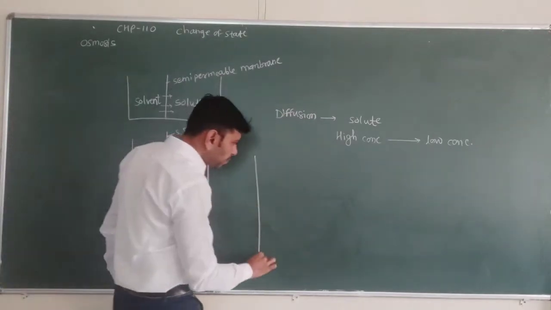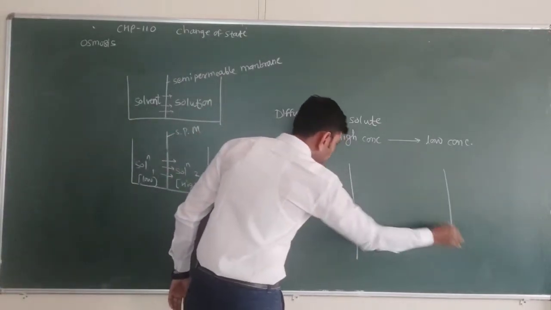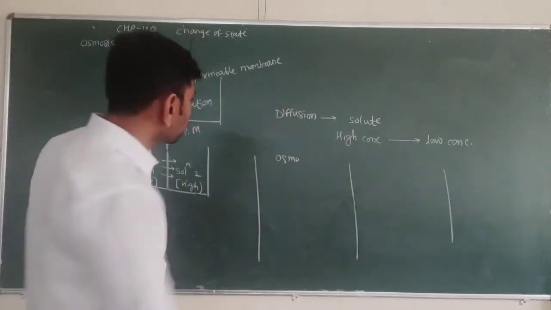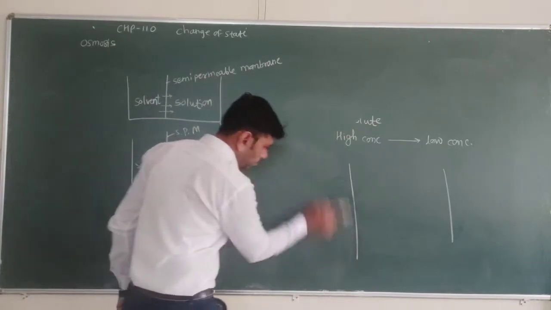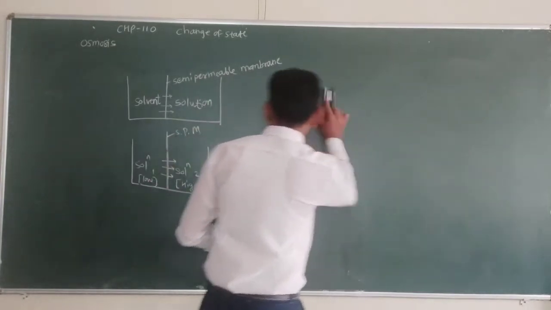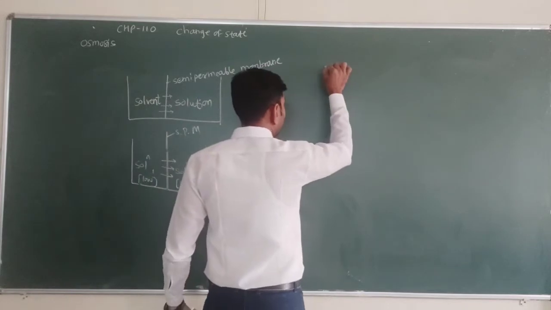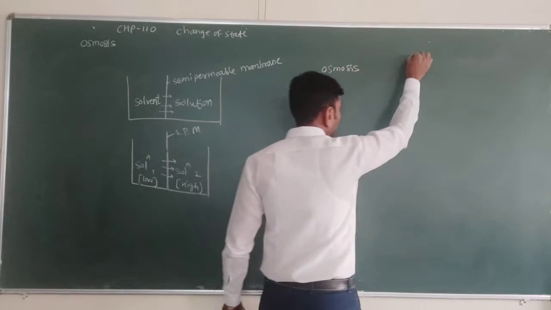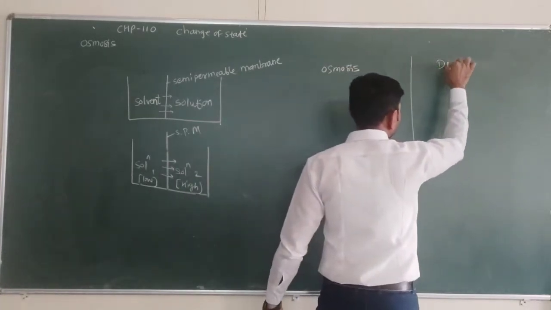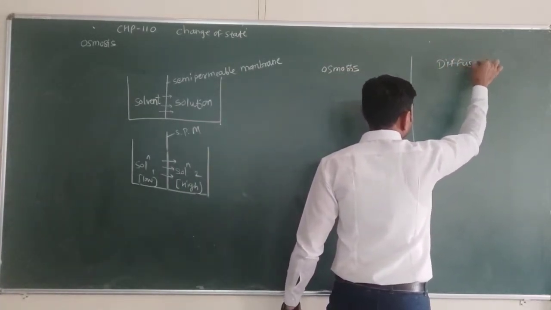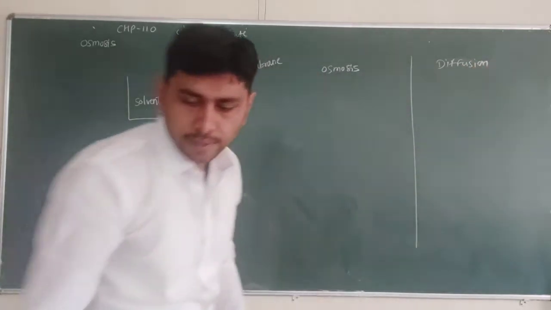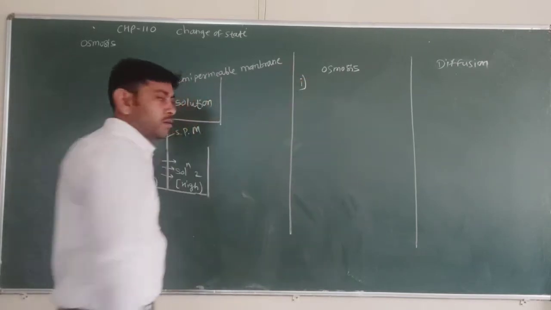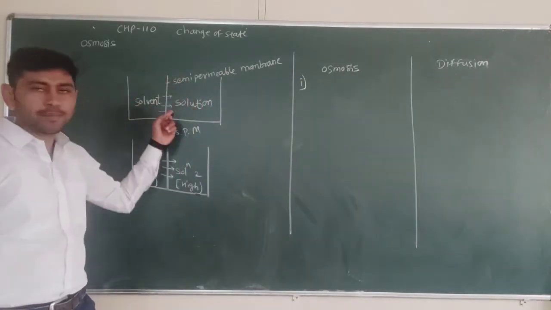Let's see the difference between osmosis and diffusion. There are certain points which define the difference. Osmosis, first condition: for osmosis to occur, there must be a semi-permeable membrane.